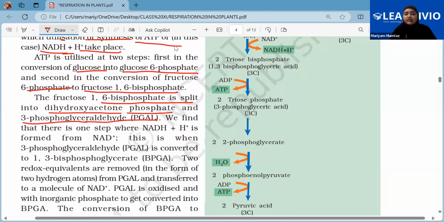Okay, we find that there is one step where NADH plus H plus is formed from NAD plus. This is when the 3-phosphoglycerol aldehyde is converted to 1,3-bis-phosphoglyceric acid.